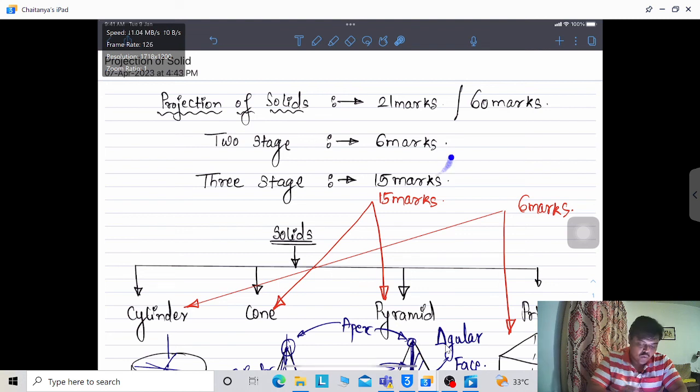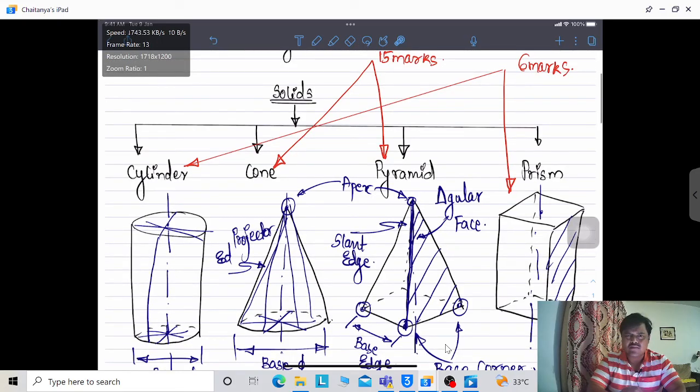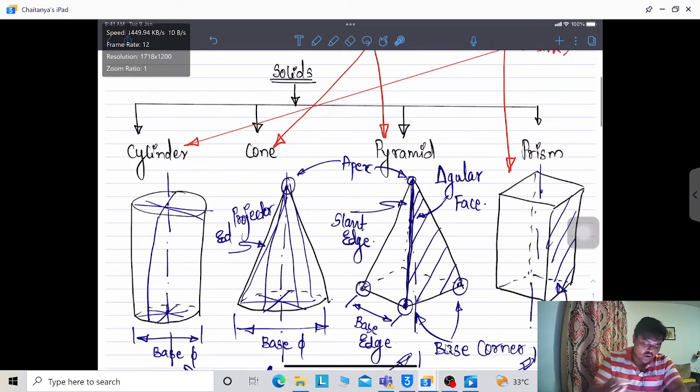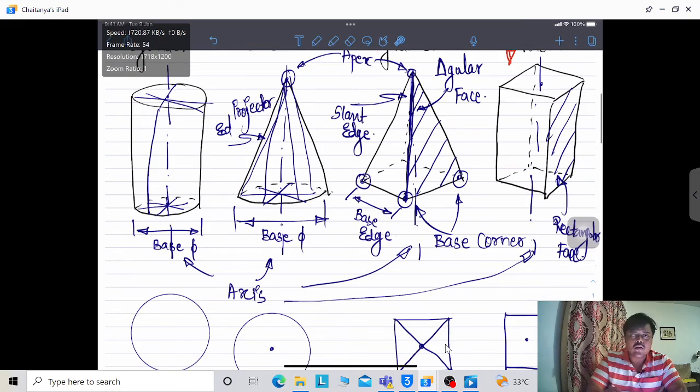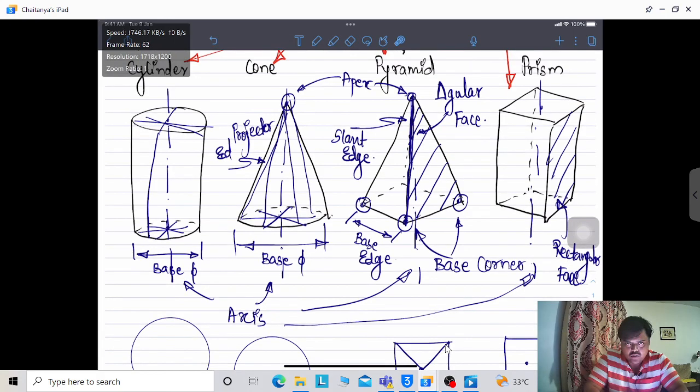It's quite simple. Okay, in that I've told you what is the technical part of a solid, that is base diameter, base edge, base corner, slant edge, may it be a triangular face, a rectangular face. This technical part is important. On that our technique number 2 is dependent, so this is important.